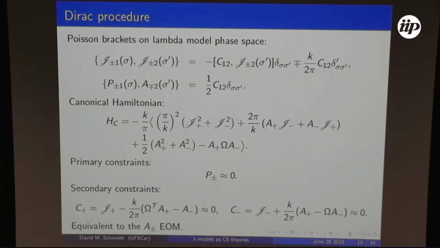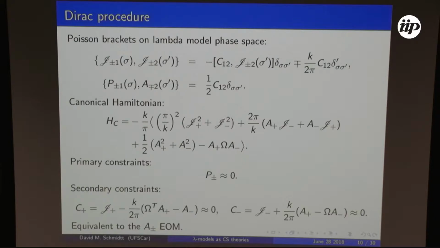So the Dirac procedure is the following. We have two brackets on the phase space that describe the phase space of the theory. We have two Kac-Moody currents, and in my notation delta sigma sigma prime is just a one-dimensional Dirac delta function, and delta prime is a derivative with respect to the first sigma, and the conjugate pair for the gauge fields.